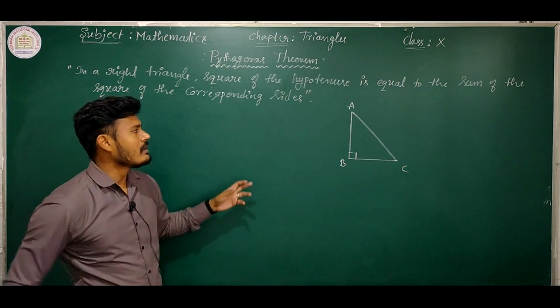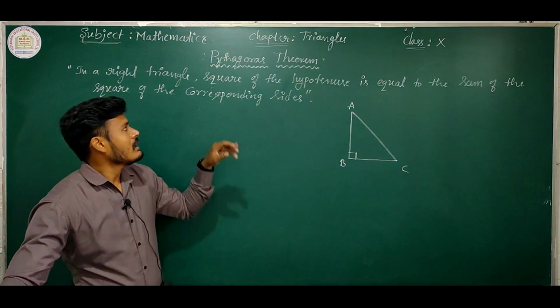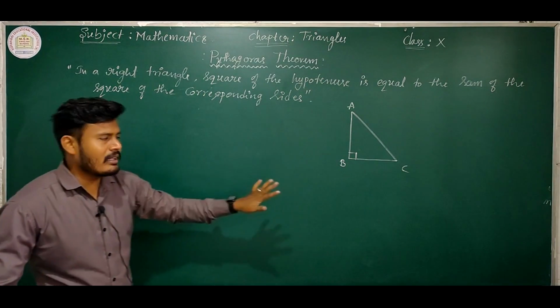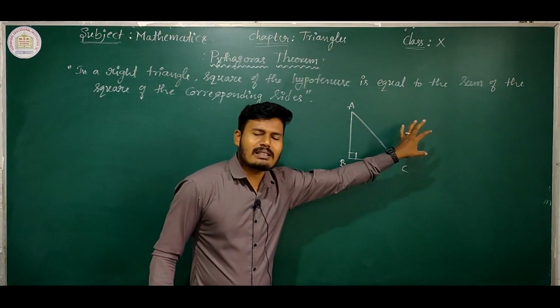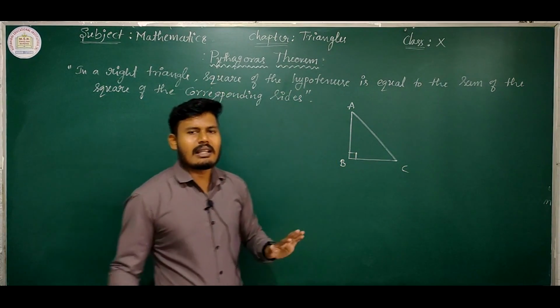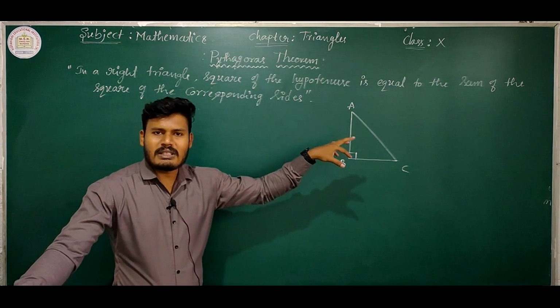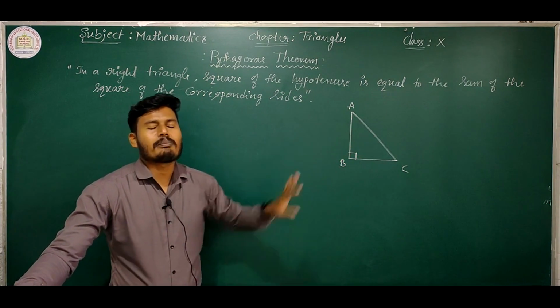Now, without wasting our time, we move on to the theorem. In this particular figure or triangle, square of the hypotenuse. Now tell me, what is the hypotenuse here? AC is the hypotenuse. So you just apply the statement to this particular figure.